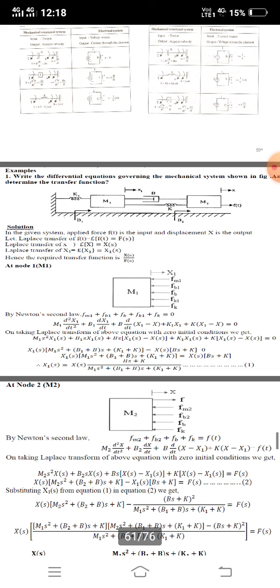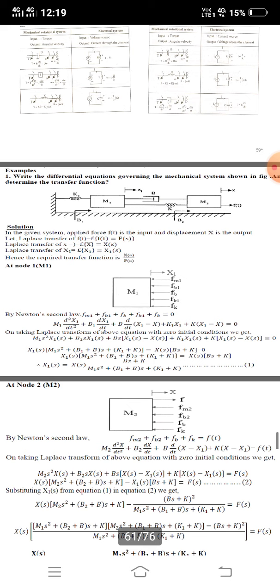After applying these formulas, we take the Laplace transformation of that differential equation, as shown here. Then we can pull out the common terms. In this equation, F(s) is the input and the output is X(s). We want X(s) because this is what is used to derive the transfer function.